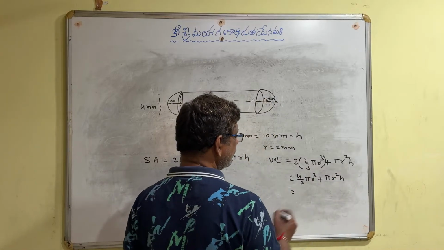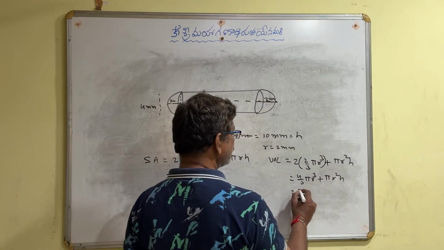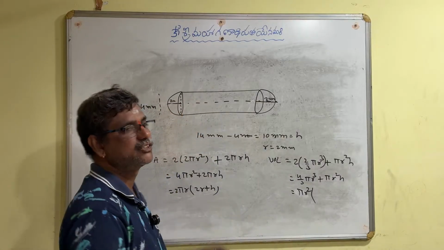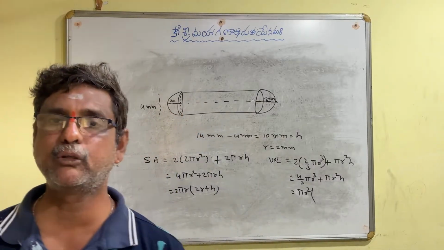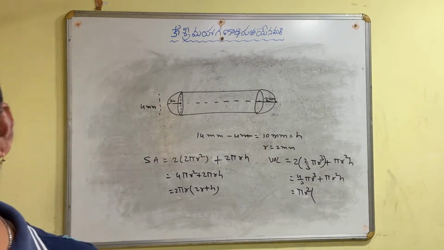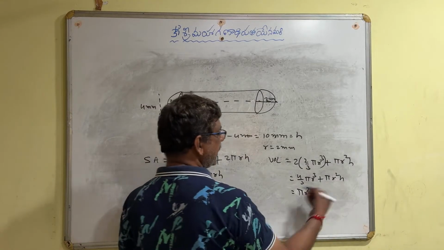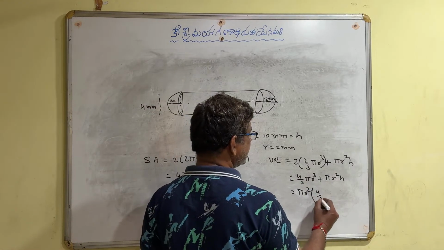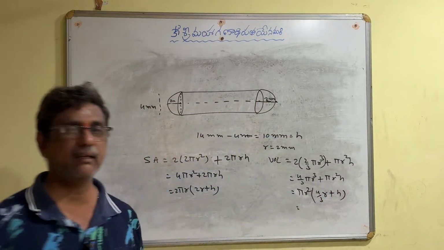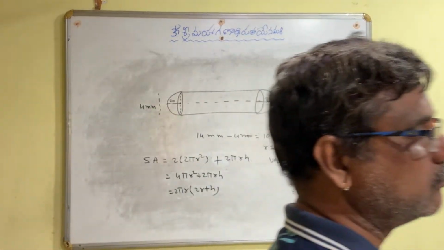You can take pi r square common. Both the cylinder radius and hemisphere radius are the same, na? So take pi r square common, remaining is 4 by 3 r plus h. Now insert the values h and r. You can get the volume.